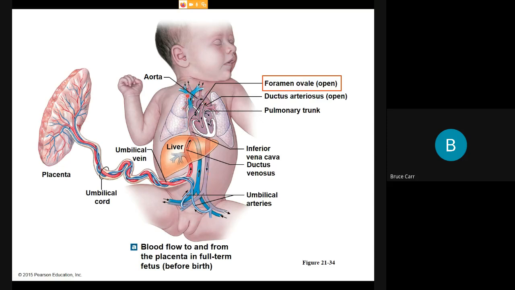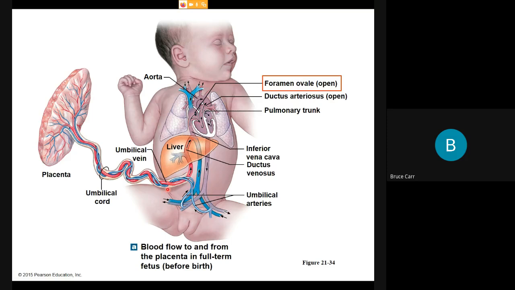From above, we're going to return it to what will become the superior vena cava, to the right atrium. From below, there is a double connection down here of umbilical arteries in what is called the internal iliac artery, and it draws this deprived or depleted blood off.